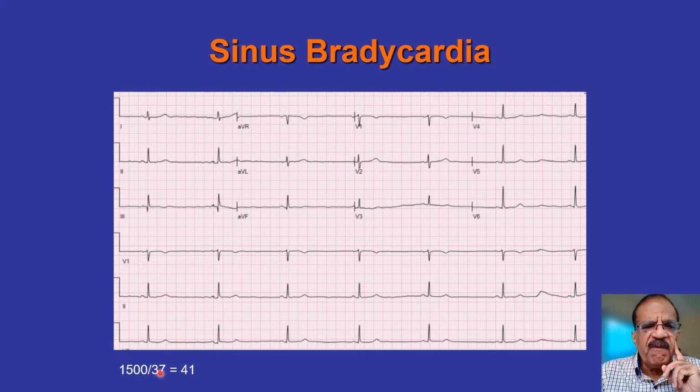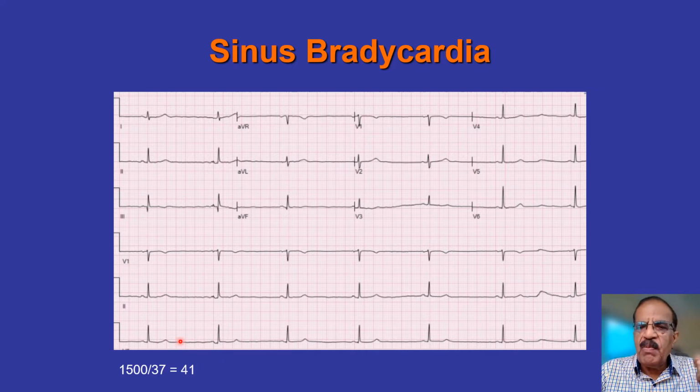This comes from the fact that normal ECG is recorded at 25 millimeters per second. There are 5 small squares that make 1 second. Since we have to calculate heart rate per minute, we have to count for 1 minute.